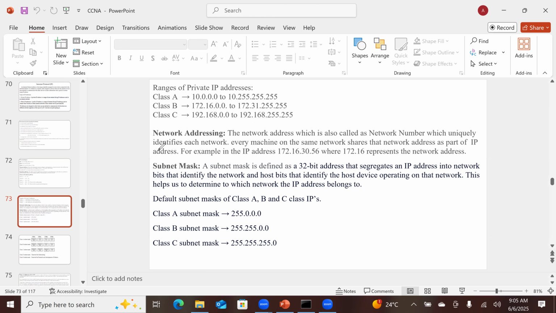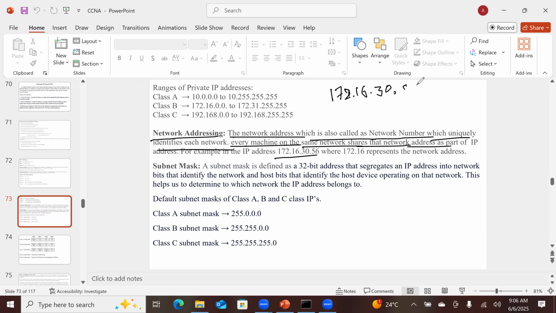Network addressing: the network address, also called the network number, uniquely identifies each network. Every machine on the same network shares the network address as part of its IP address. For example, if I have the IP address 172.16.30.56, the network address is 172.16.0.0.